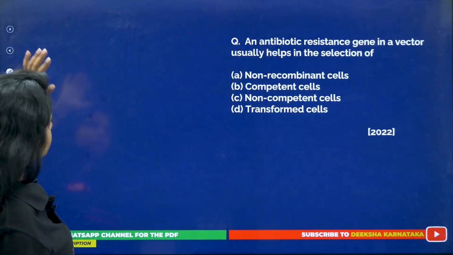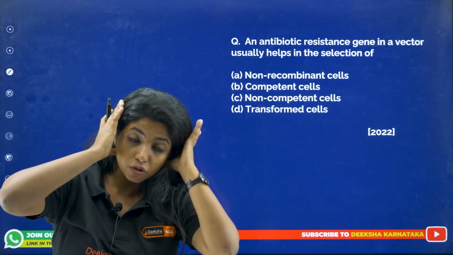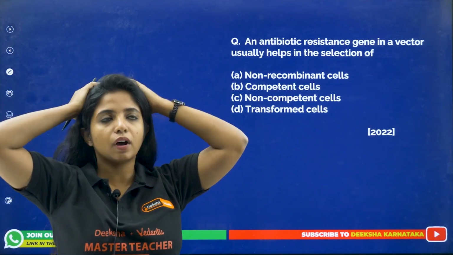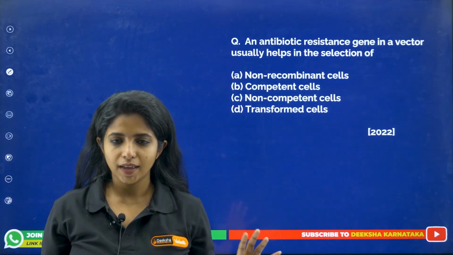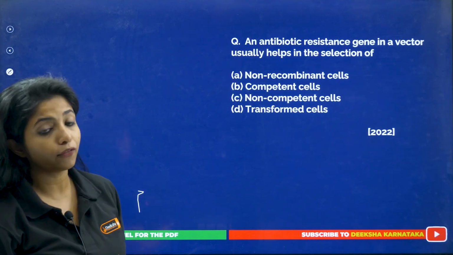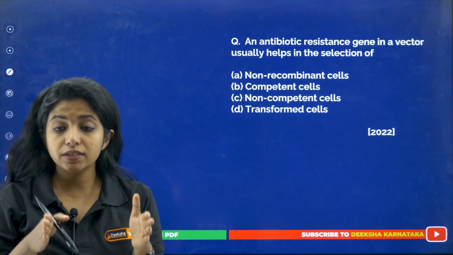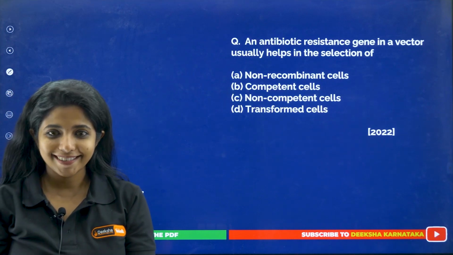Done. So we spoke about vectors, vectorless methods, features of vectors, and also restriction enzymes and their types. There's a question: an antibiotic resistant gene in a vector usually helps in the selection of what?